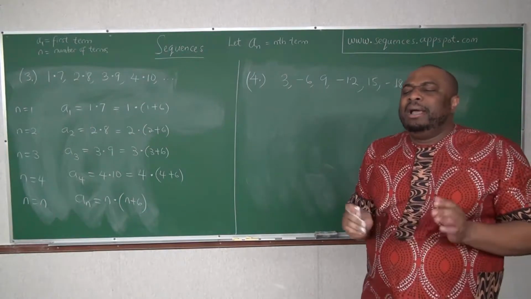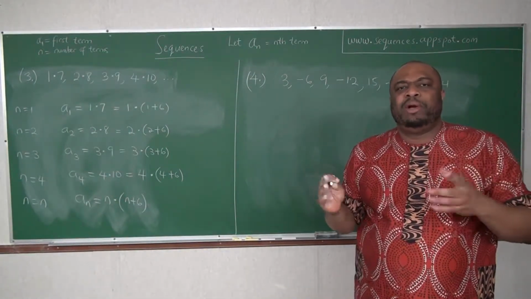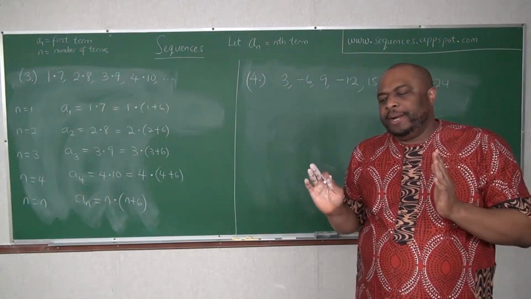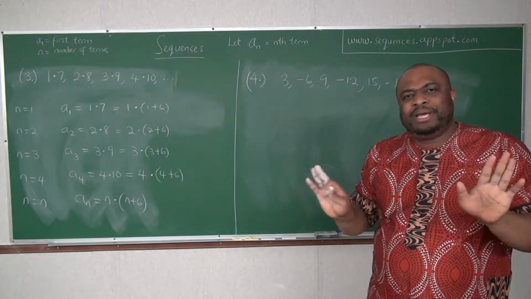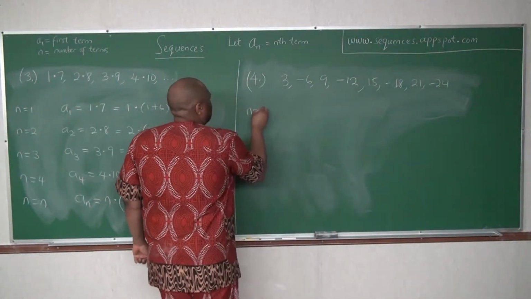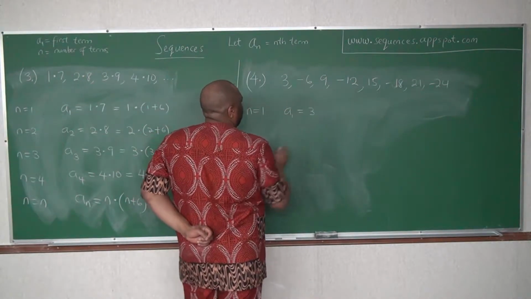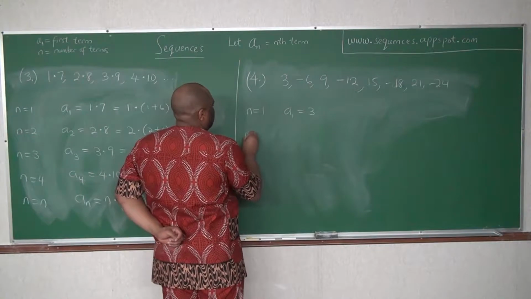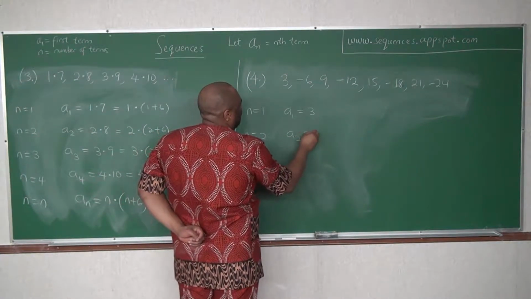So, because it alternates, let's see whether we can forget about the negative for now. Let's forget about the negative for now. When n is 1, the first term is 3. When n is 2, the second term is 6.